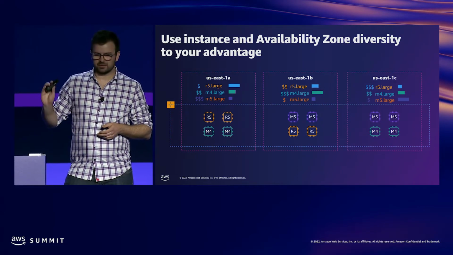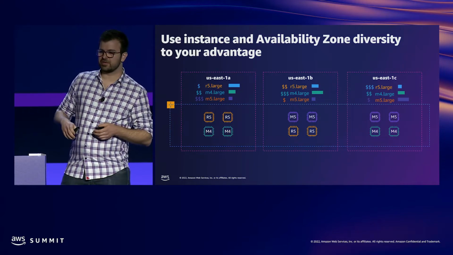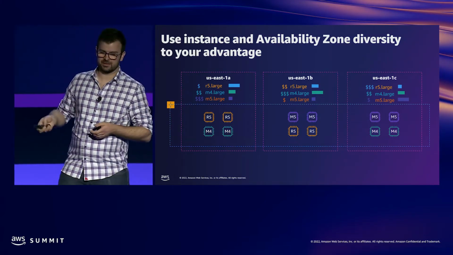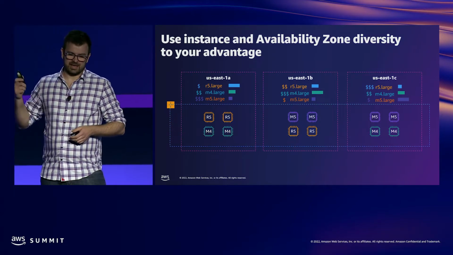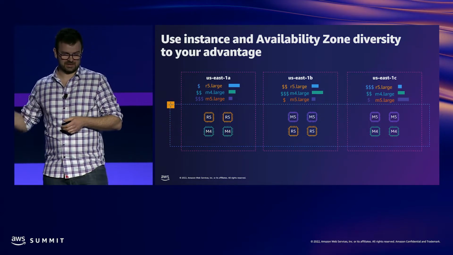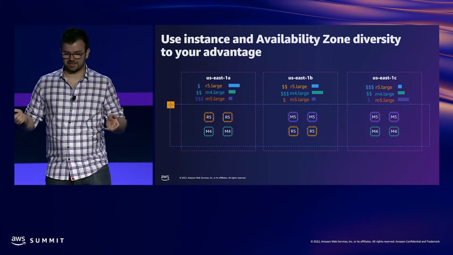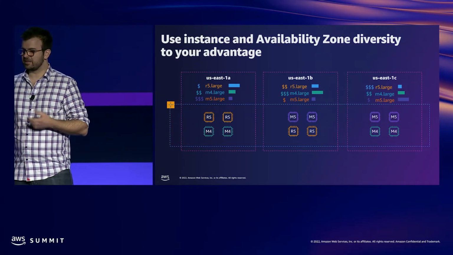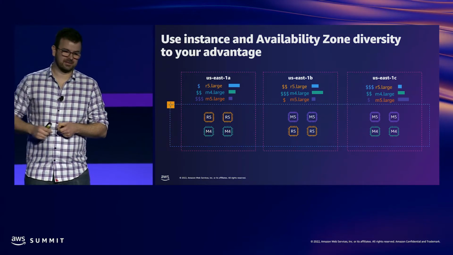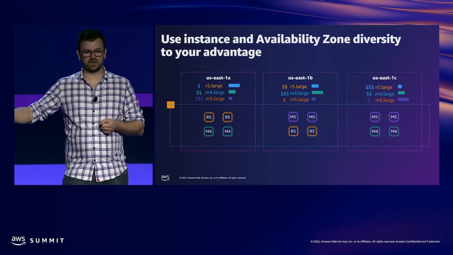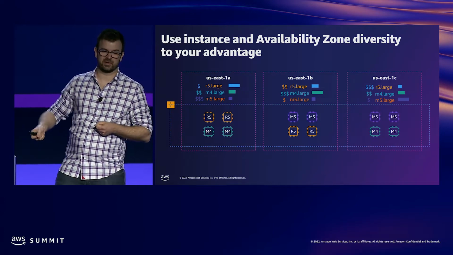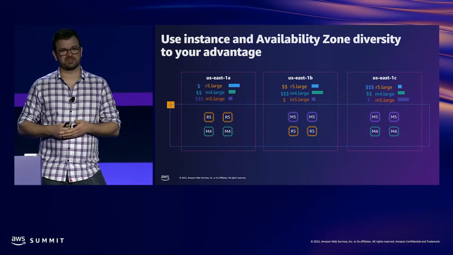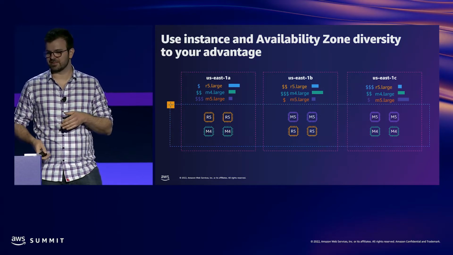So let's take this hypothetical situation where I have an application running in US East 1. I found that M4, R5, and M5 instances fit my needs, and I'm using the spot market for all of them. Now, if somebody comes up and they say, hey, I have a big need for R5 large instances in US East 1A, we'll take those instances and we'll give them to that person willing to pay full price for them.